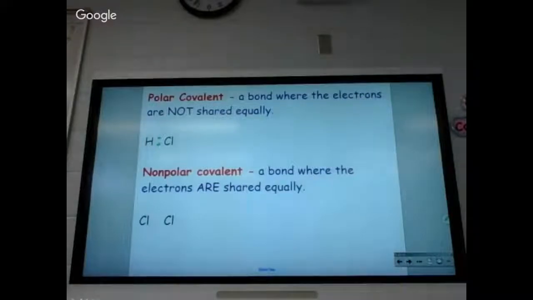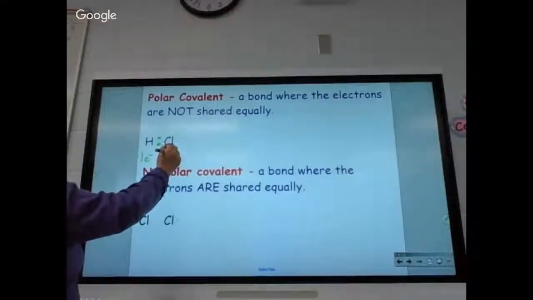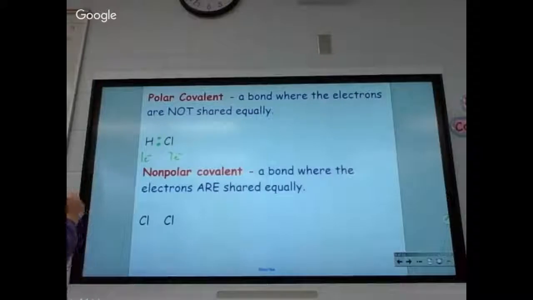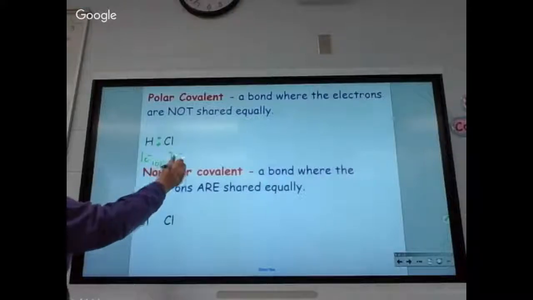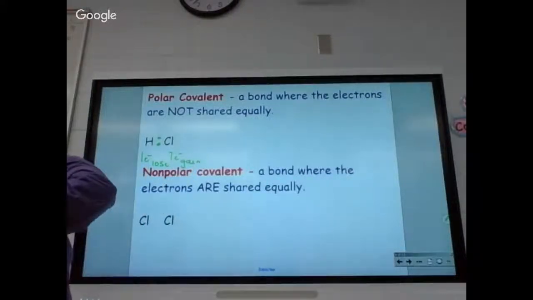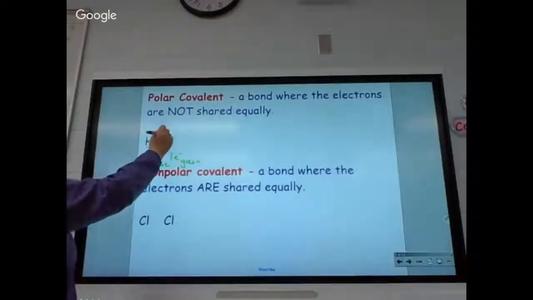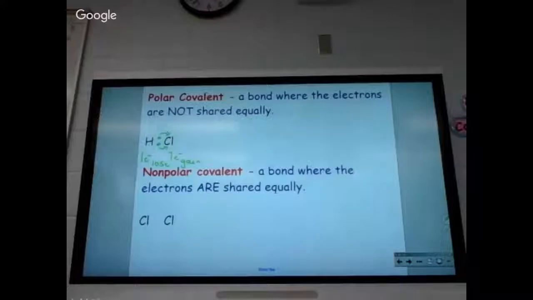Yes, in group 1. So how many electrons does it have in its outer shell? How many does chlorine have in its outer shell? So, what's group 1 going to want to do with its electron? It's going to want to lose. And what's group 17 going to want to do with its? Gain. So who's controlling those electrons? That's right. So that's what it means to be a polar covalent bond. They're not shared equally. Chlorine is stronger.